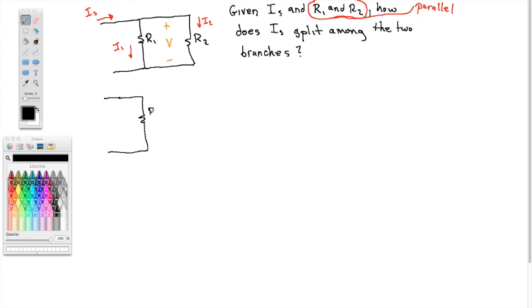So we can make an equivalent picture like this. And based on what we know now about equivalent resistance, then if IS approaches that, we're going to get the same voltage. Like that.